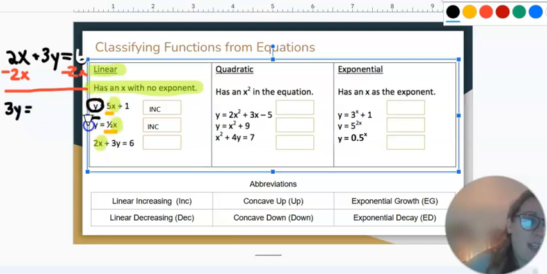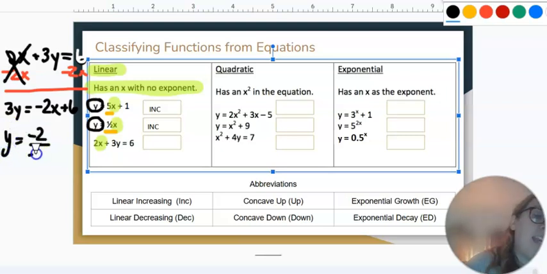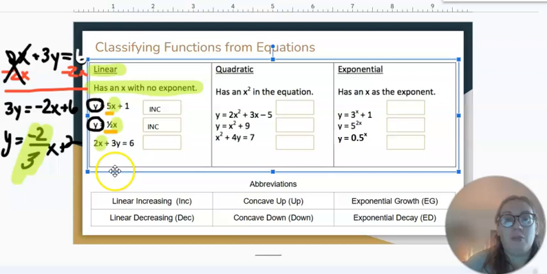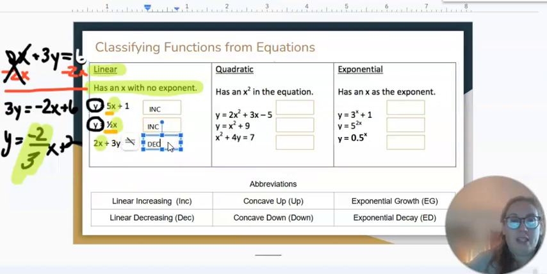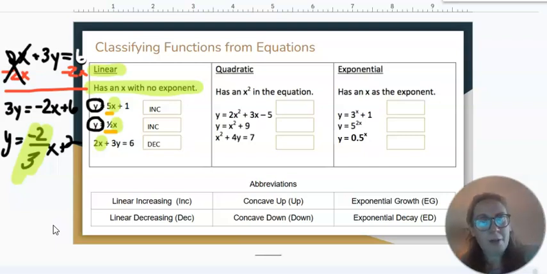Notice these two equations have y equals. So that's what we're trying to get. 2x minus 2x cancels to 0, so we have a negative 2x, and then there was that 6. And then when we divide everything by 3, we get negative 2/3 x plus 2. So that number in front of x is a negative 2/3. So that is decreasing. The slope is going down. That's going to be our negative slope.